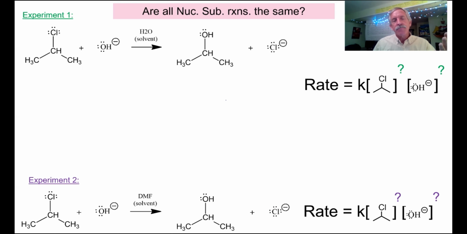Experiment 1 is done in water. Experiment 2 is done in this solvent known as DMF. This is an acronym for dimethylformamide, which we'll see in a little bit. So very subtle difference, and that's the way I want to start. I want to see if I just tweak the 4th littlest thing involved, could I get 2 different rate laws? That means that little tweak caused drastic differences in the way these two reactions work.